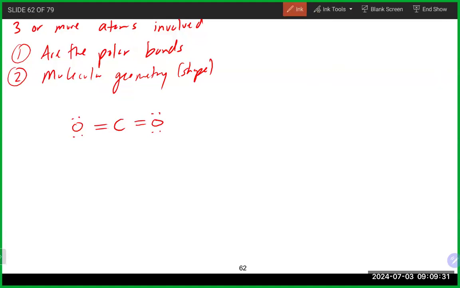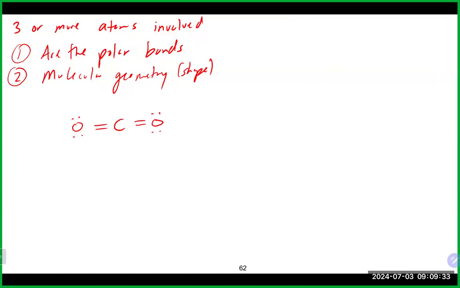CO2 has polar bonds. We know the difference in electronegativity. We also know carbon and oxygen are in the same row on the periodic table. Oxygen is further to the right, which means there are polar bonds, with the oxygen being more electronegative. So the electrons would be pulling towards the oxygen, and we would draw our bond dipoles like so.